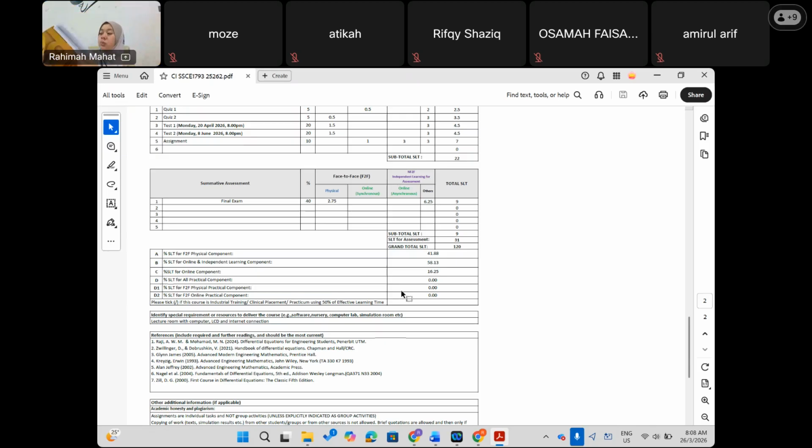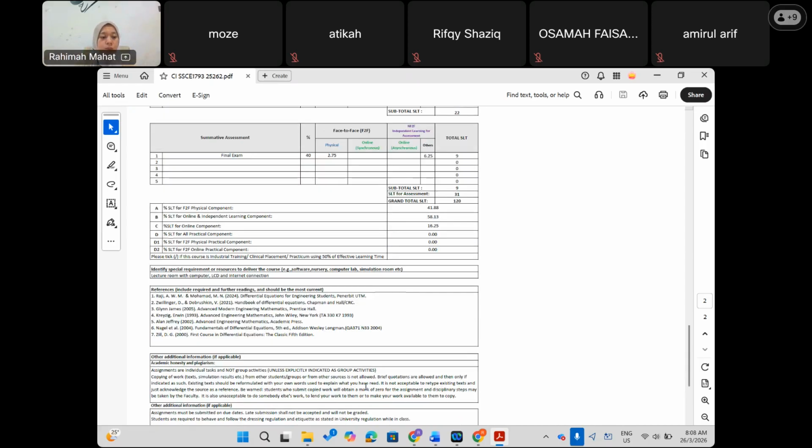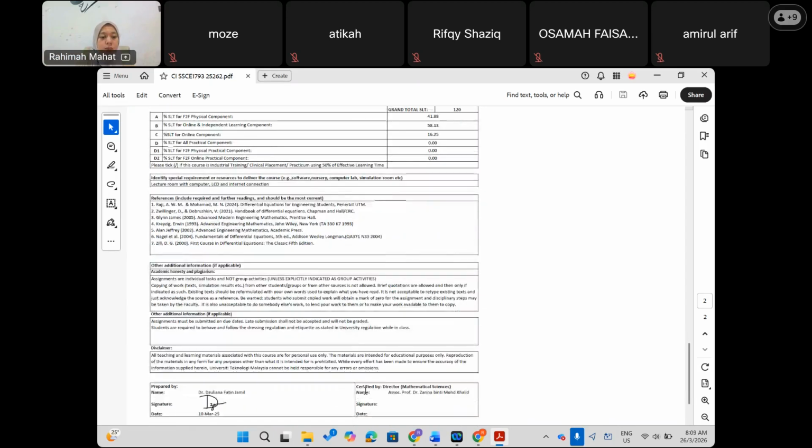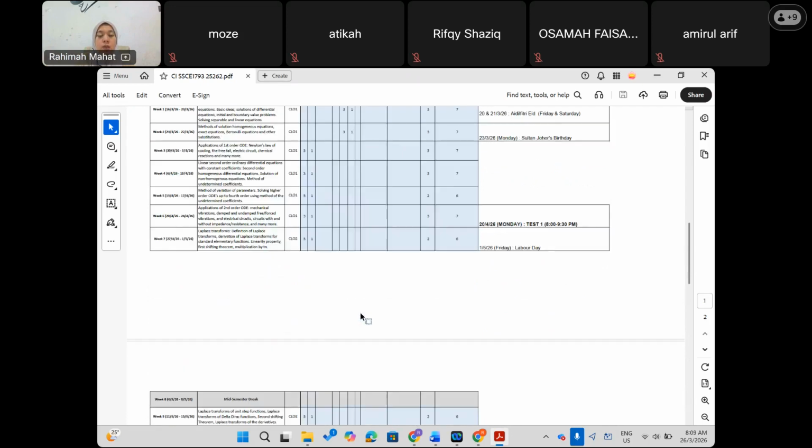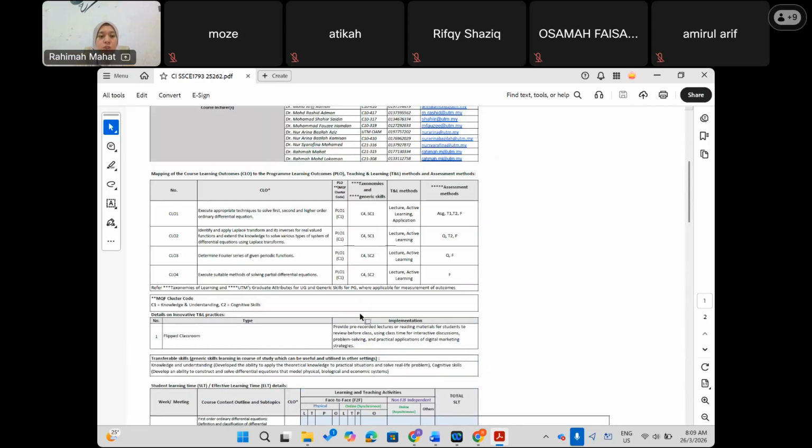If you go through the inside of the book, there are many examples and also many exercises for you to do. It has more details about the subject, differential equation. That is for the course information.